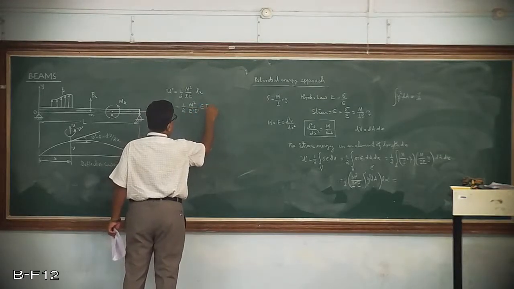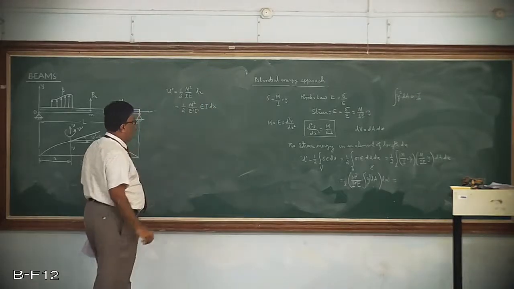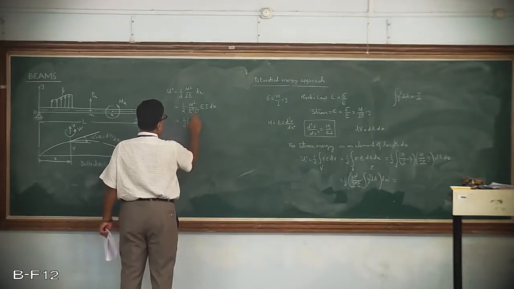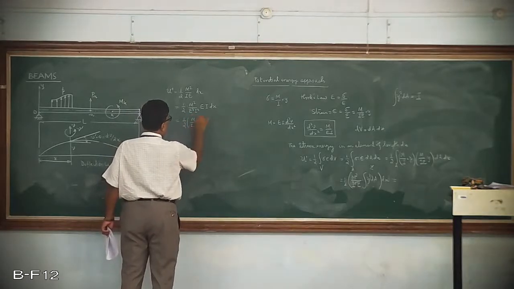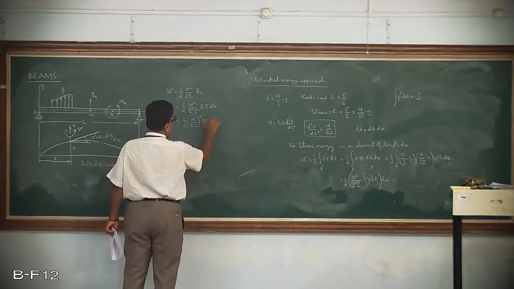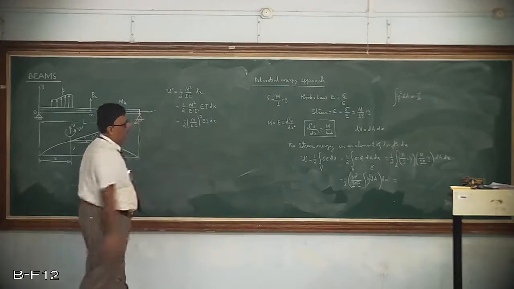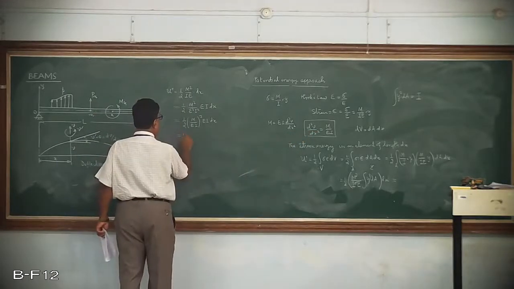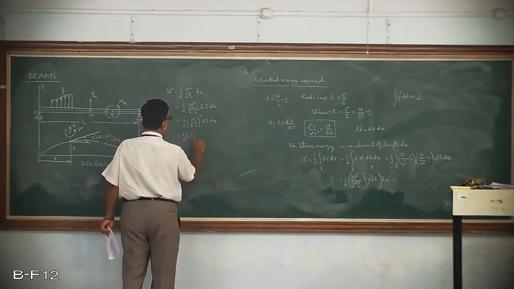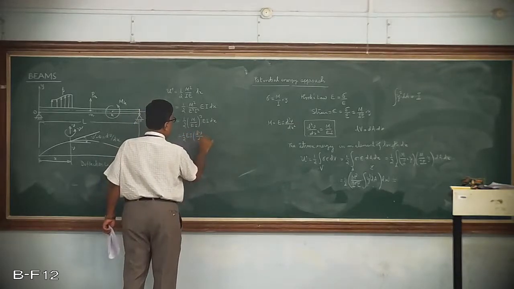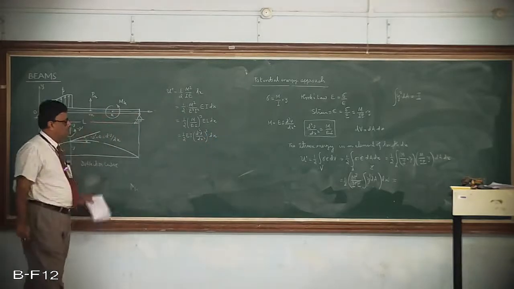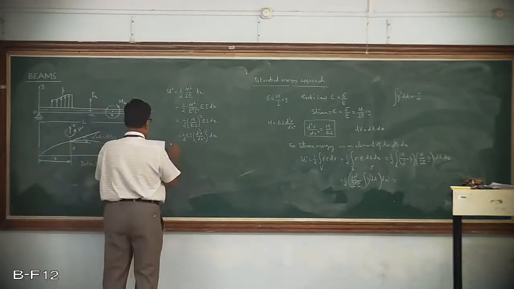So this is nothing but half, M upon EI whole square, into EI into dx. Since M by EI is nothing but d square v by dx square, it is going to be half EI into d square v upon dx square, whole square, into dx. This is exactly what you will get for the strain energy for this element.